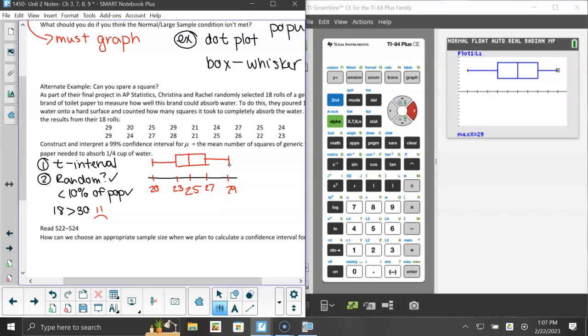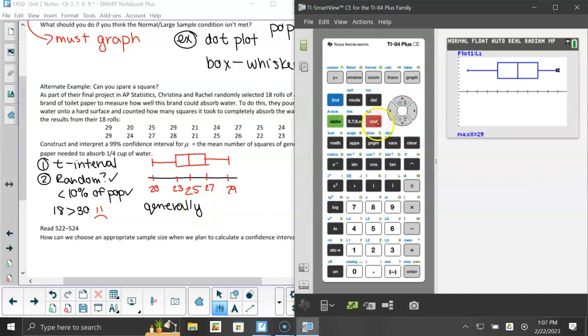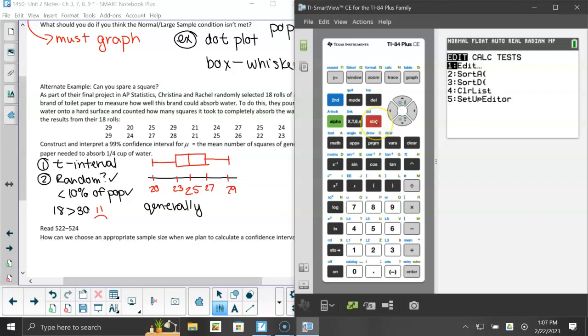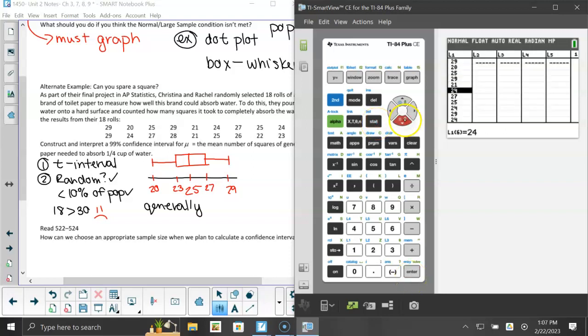So this is where you graph it. This is where we say proceed with caution, looks normal, because if it wasn't normal, one of the boxes would be gone. Here, I can kind of fudge with it a bit. If I add in 150 as a data point, that's obviously going to be an outlier.